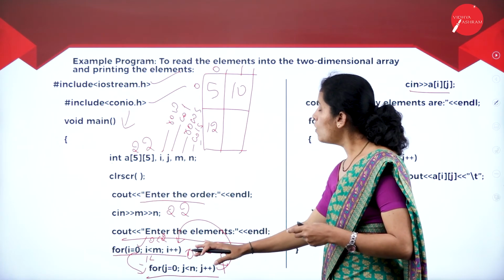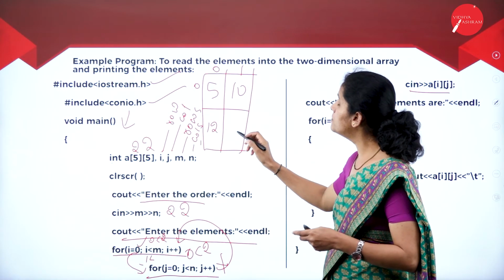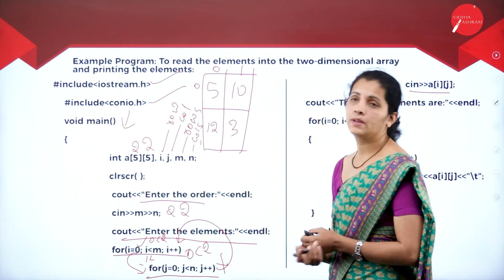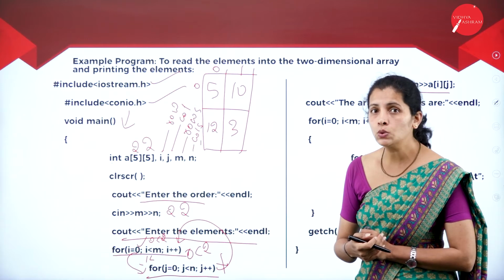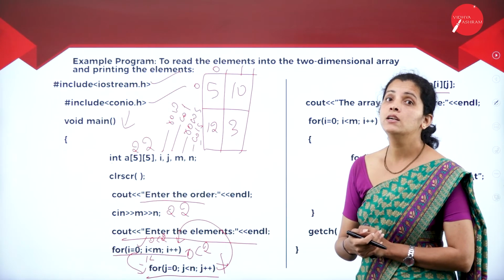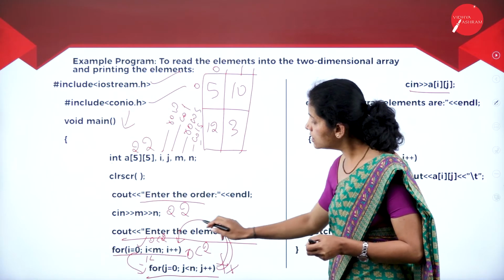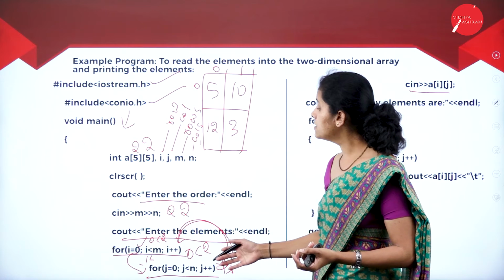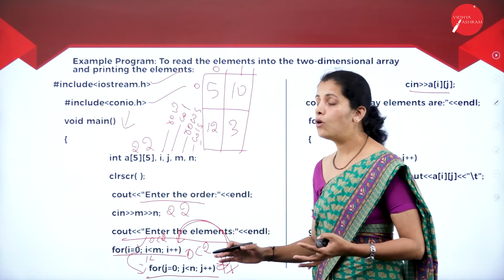Now in place of first row and first column, I'm going to store the value 3. Now j is incremented by 1. j is 2. 2 less than 2, the condition is false. Now the control is transferred to the outer for loop, that is 2 less than 2, the condition is false.